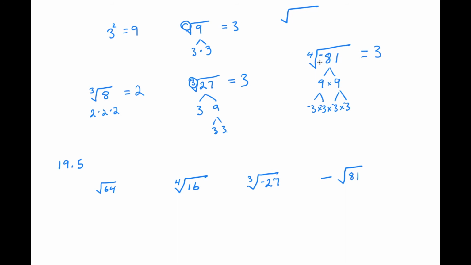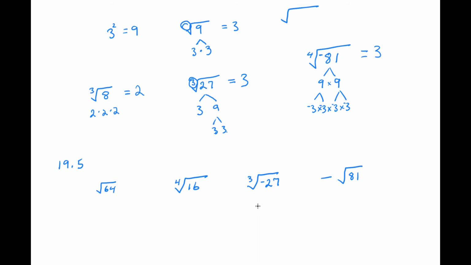That is unsolvable. You cannot solve it. So you would just write no solution and move on. Okay. But if you have an odd index here, then you can have a negative, because a negative multiplied an odd number of times gives you a negative result.